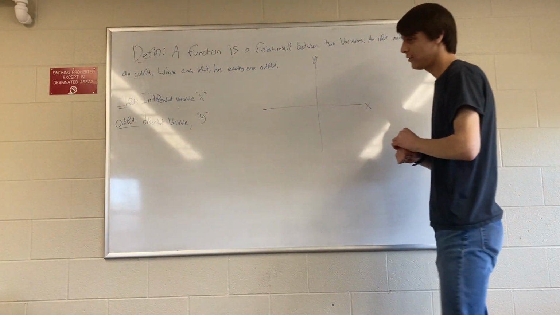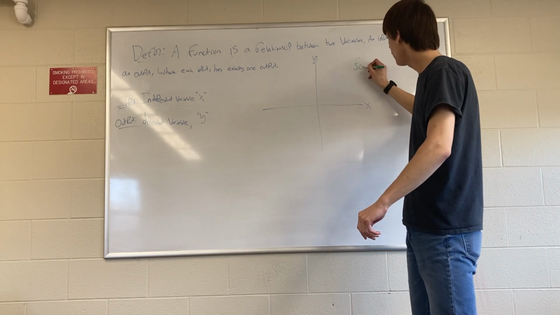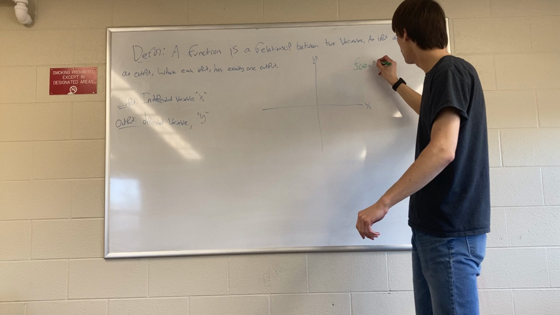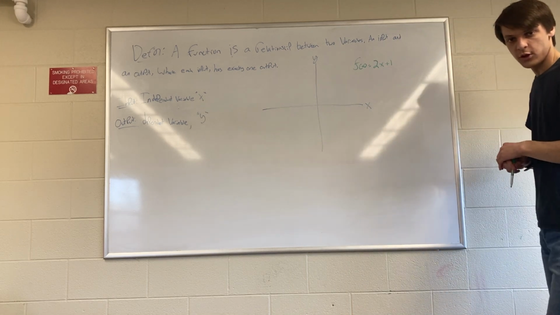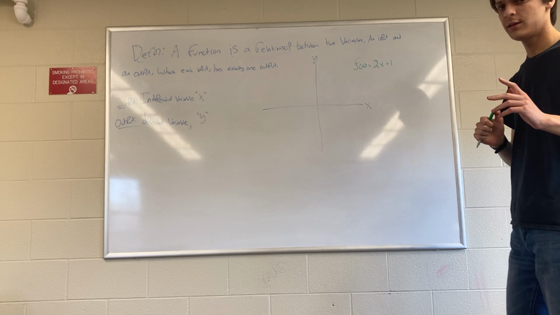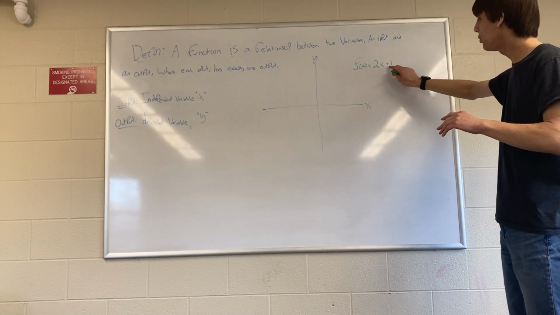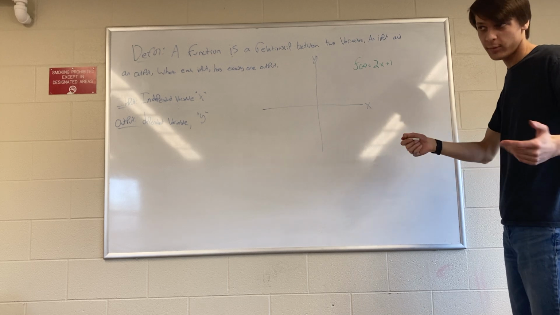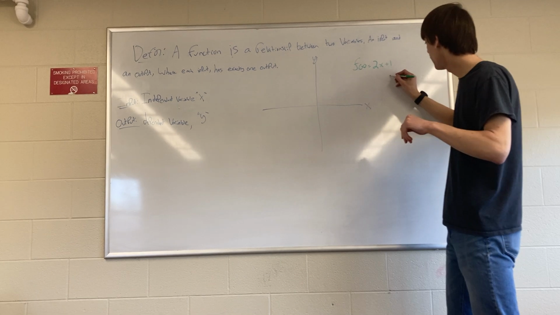We have our x and y axis here, and let's write our function as f of x equals 2x plus 1. The main difference between last week and now is I wrote it as f of x equals 2x plus 1. And what does that mean? That f of x stands for function of x. Let's write that down.